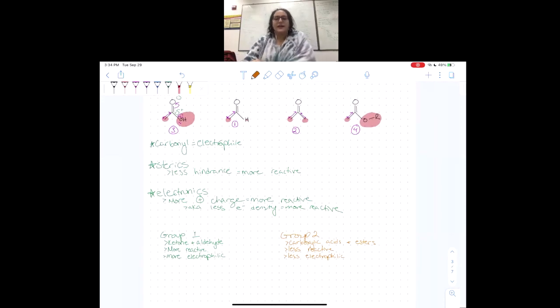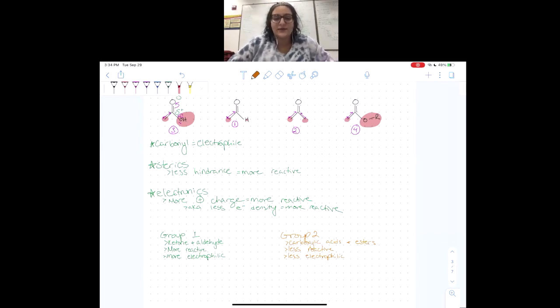And again, this isn't something that is like a real chemistry way of thinking about things. Like, this isn't something you'll find in your textbook. It's just how I like to split things up because it makes more sense in my head if we have these categories. And just to reiterate one more time, group 1 contains aldehydes and ketones because those are the more reactive electrophiles. And then group 2 is the carboxylic acids and esters because they are less reactive.